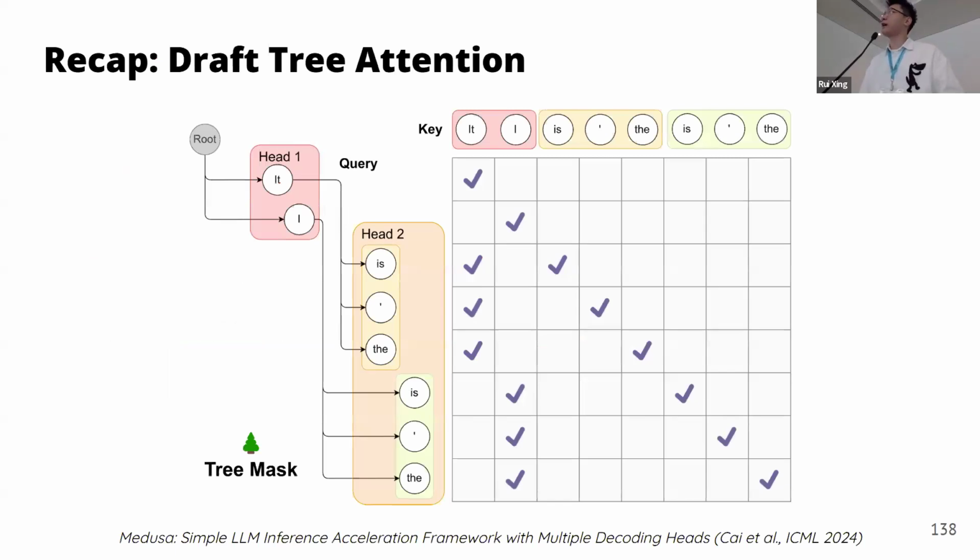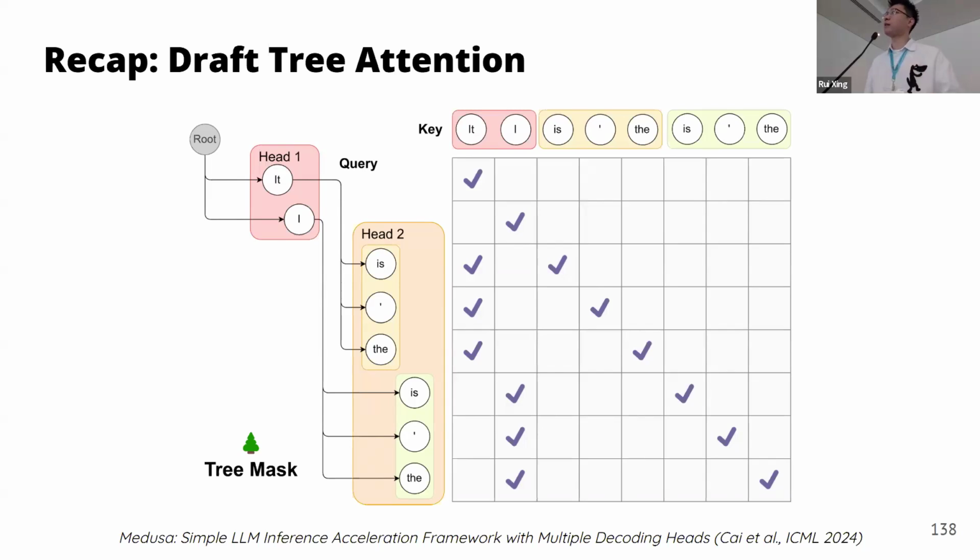Okay, and let's first recap the draft tree attention. It was just introduced in part 2, right? Medusa implemented a very simple and intuitive implementation of this tree attention. Compared to previous methods such as speculative decoding, they just verify a single sequence of draft tokens, and they do not have options between different sequences. If we apply a tree mask, we can verify different draft sequences in parallel.